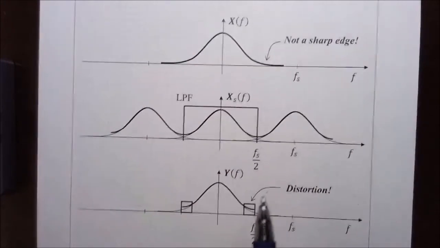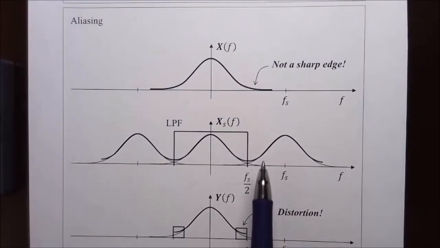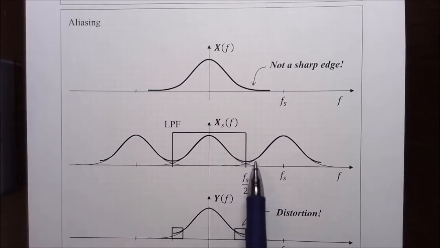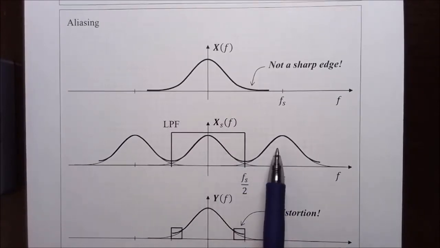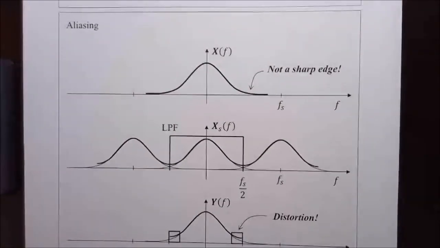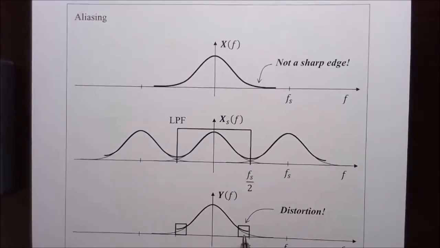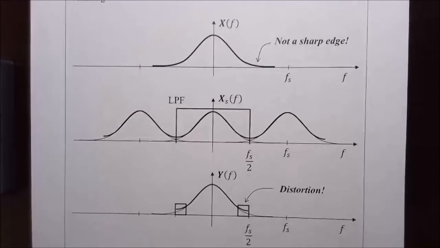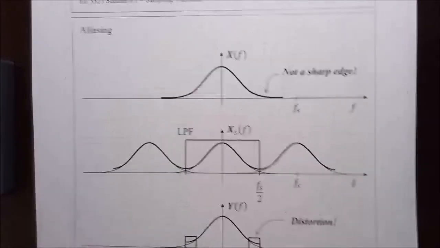Now this effect, where we have overlap at the edges of the replicas of this spectrum, is called aliasing, and it potentially causes distortion in the recovered signal.